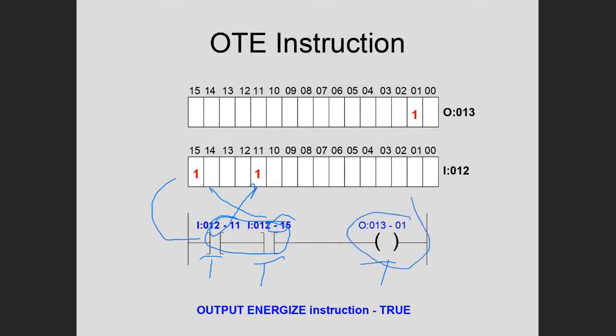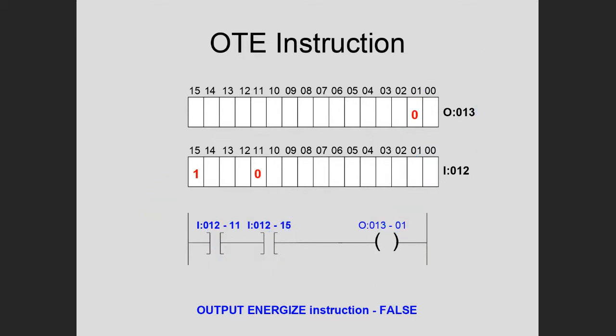So now the bit position in the output, not the input, this bit position in the output image table, is set to a 1. And when the processor scans that 1, whatever is mapped to this screw terminal in the output module, a motor, whatever it is, is going to turn on.